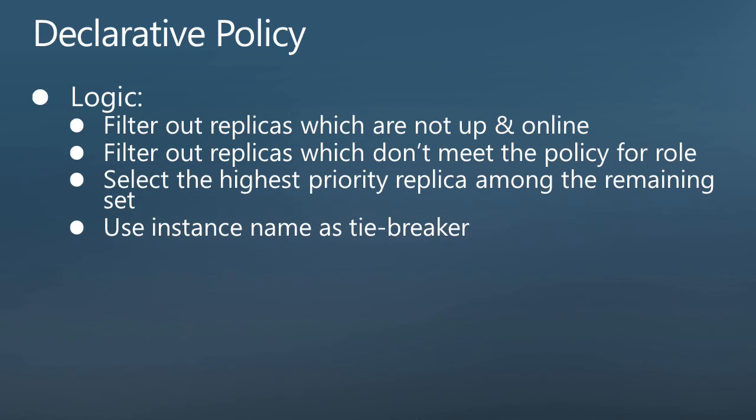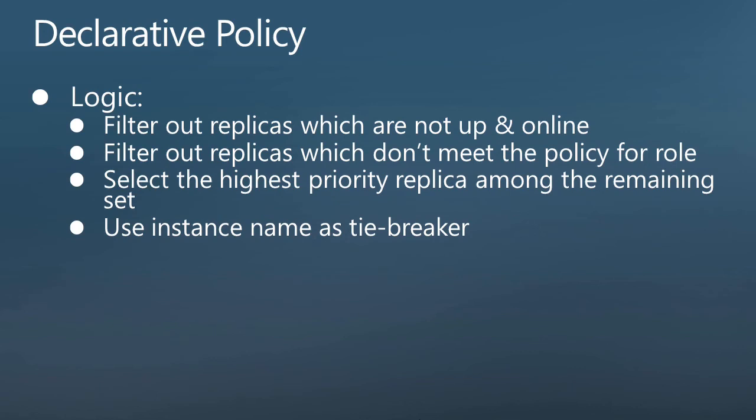We then sort that set based on the relative priority and select the highest priority replica to do the backup. If there's a tie among the priorities, we use the instance name just as a tiebreaker. It has no real other meaning built into it than that, but what it does is it gives us a stable answer. So every time you ask the question, you get the same response if you've got that configuration.